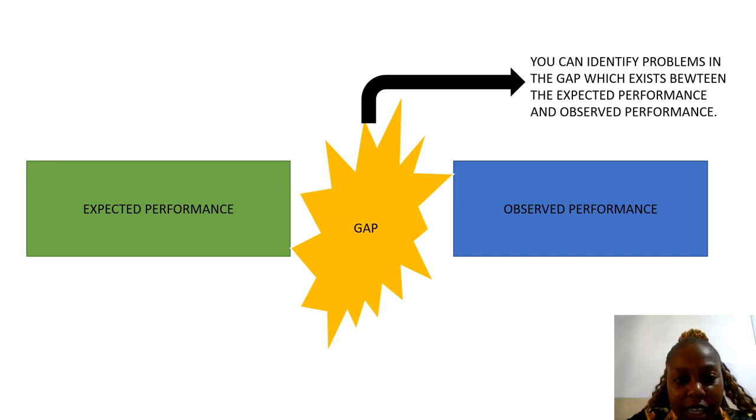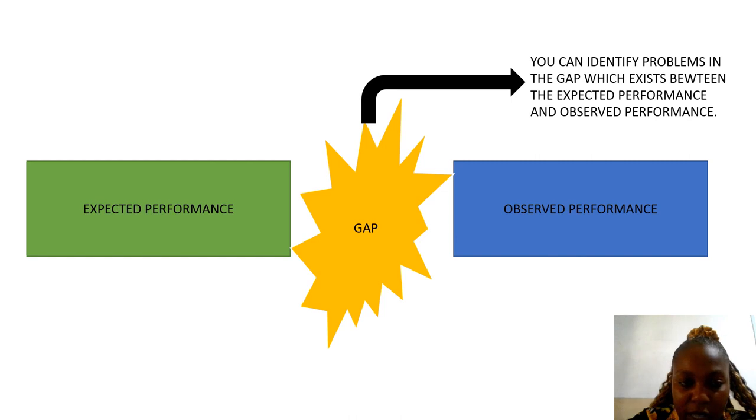So in this slide, as you can see, it's showing you how you can identify problems. Here in this box, we have expected performance. That can be your job description or rules set up in your department or your office. Then in the blue box, you see observed performance. Those can be the things which you are currently doing in your department or in your office or in your classroom.